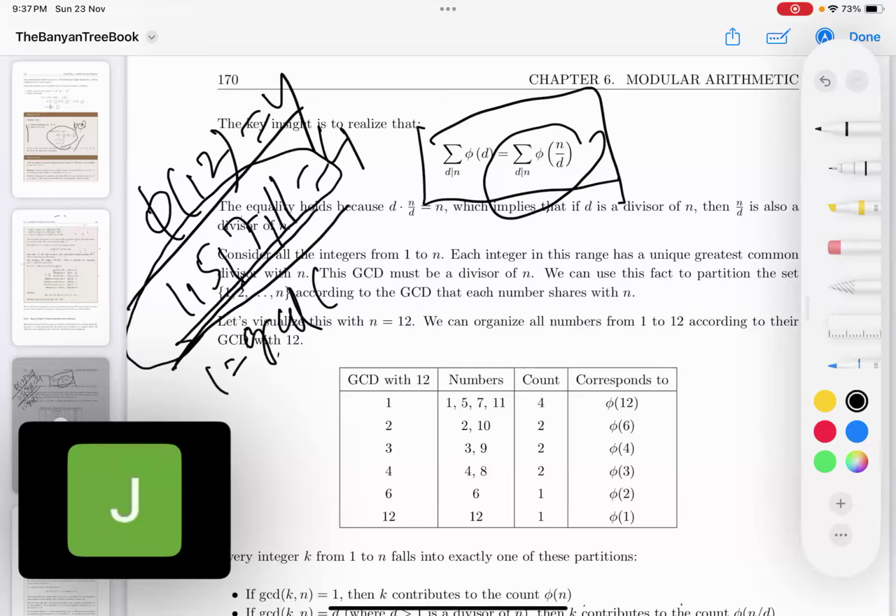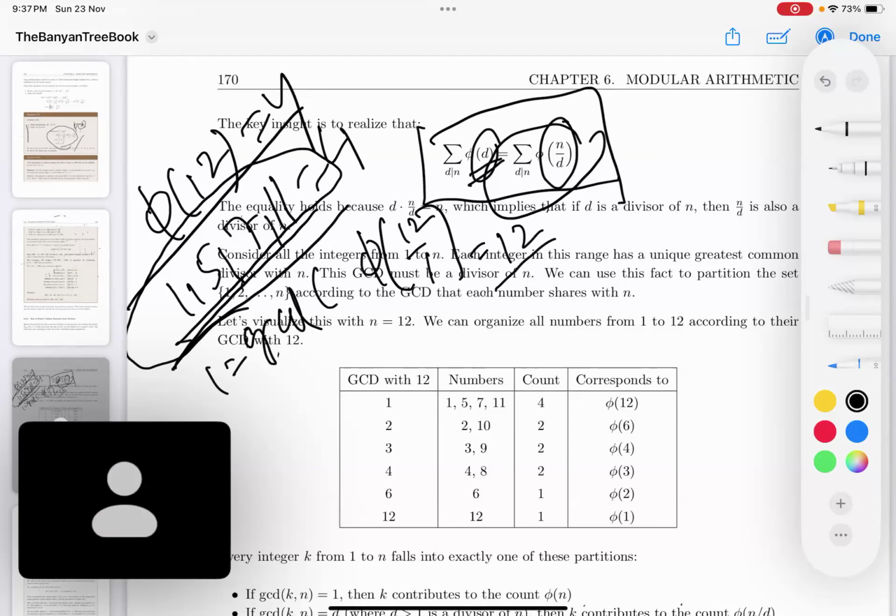Correct? So if we look at phi of N by D, as we discussed here, let's look at phi of 12 by 1. So this is phi of 12.